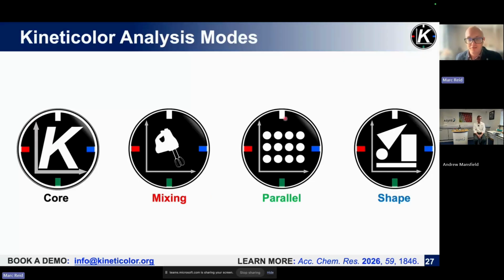We also have processes where we've looked at parallel reactions, as Andrew mentioned at the beginning, and we're starting to look at how we can use Kineticolor to understand chemistries where the most important factor is a change in shape of a material over time, more so than the change of a colour or a mixing profile over time.